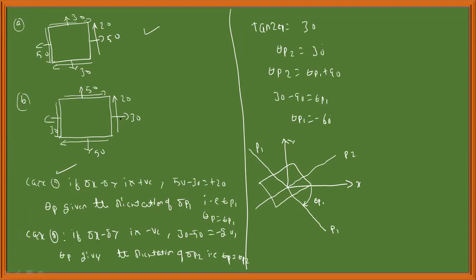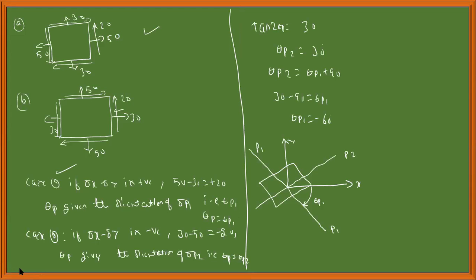Okay, maximum inclined shear stress. Why inclined? In the sense that the shear stresses are acting in plane, in the xy plane. If there is a z stress also, then it is out of plane stress. We are always talking about in-plane shear stress and in-plane normal stress. In-plane normal stress can also be there.